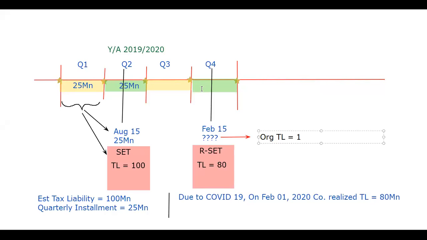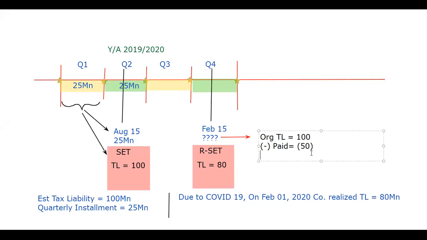The original tax liability was 100. Then you can deduct whatever amount you paid, which is 50 million up to 2 quarters.